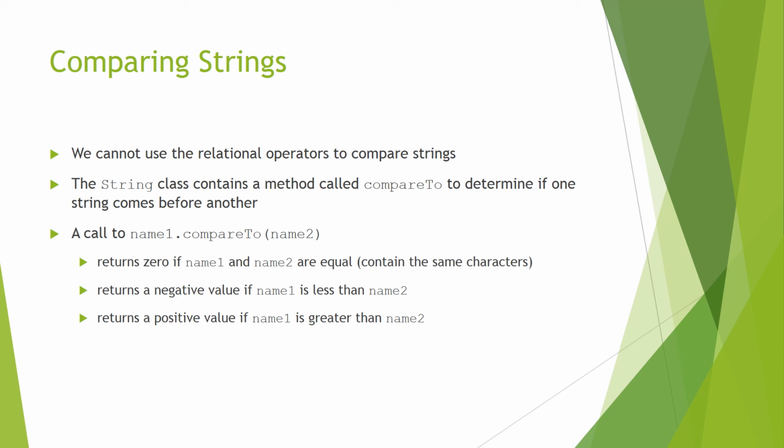A call to name1.compareTo(name2) returns 0 if name1 and name2 are equal, meaning they contain the same characters. It will return a negative value if name1 is less than name2, and it returns a positive value if name1 is greater than name2.